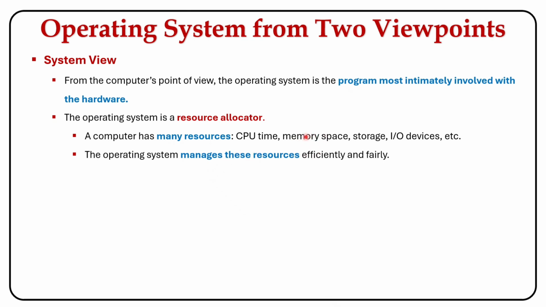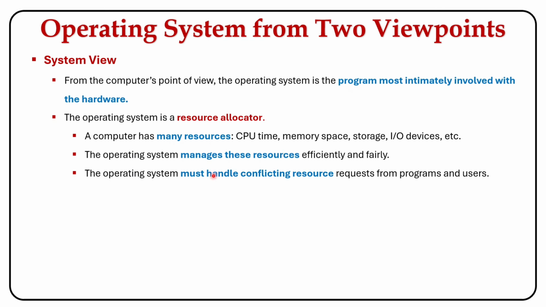The operating system decides which program gets the CPU, how much memory each program receives, which program can use an input or output device, and which resource should be allocated and released. Its goal is to use all the resources efficiently and fairly, so every program gets a chance to execute.